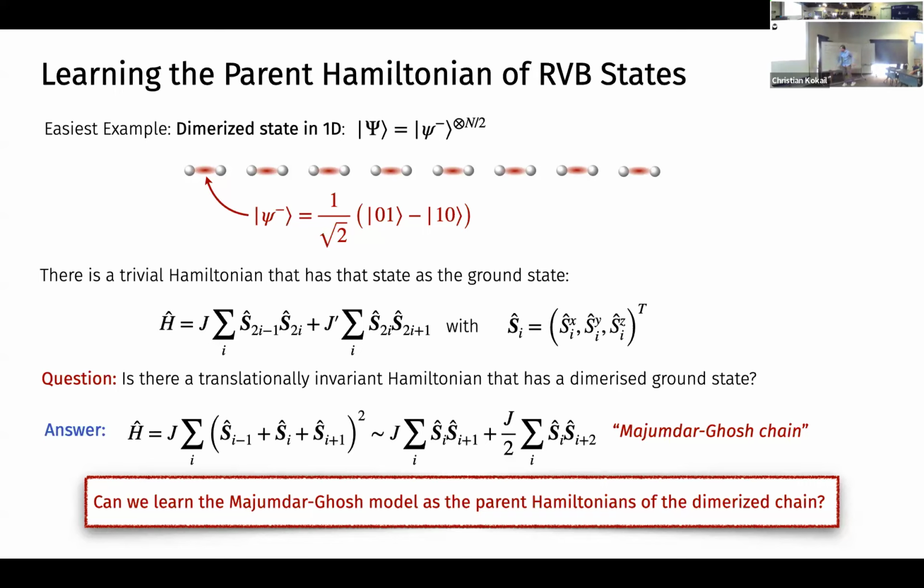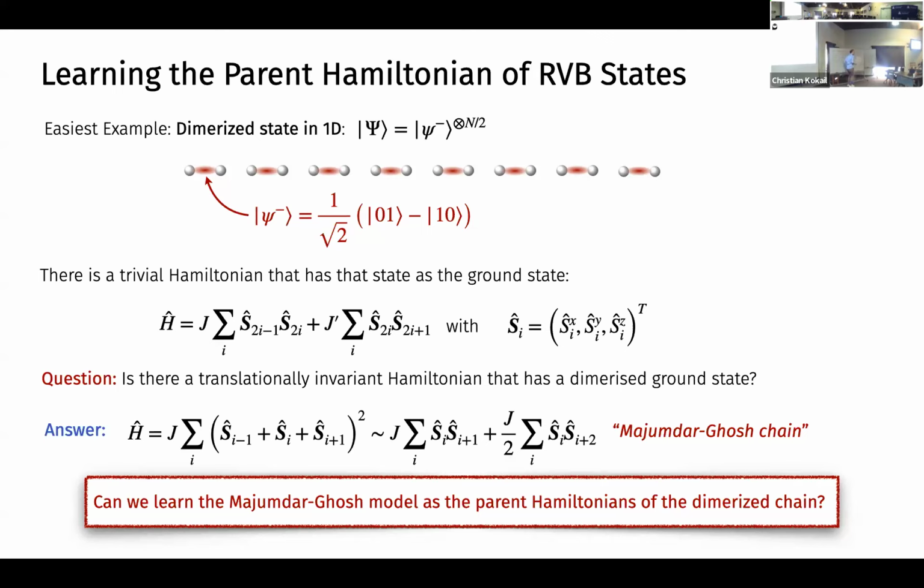Right, but let's do this for the dimer state, and we have to write down an ansatz, okay? And I want to enforce translational invariance, right? I don't want to learn this trivial solution here. So my ansatz is an alpha 1 with nearest neighbor couplings, si si plus 1.